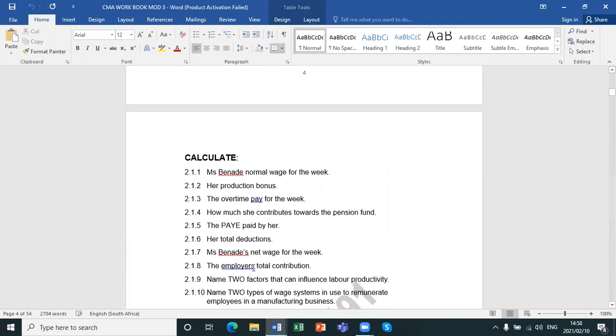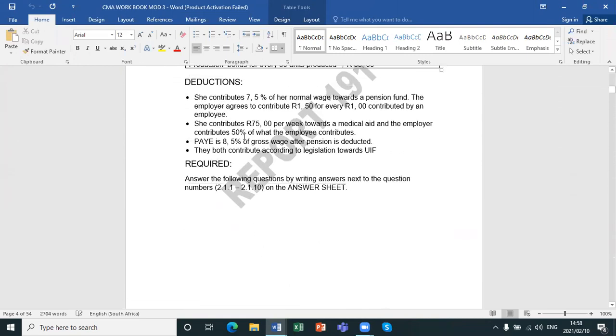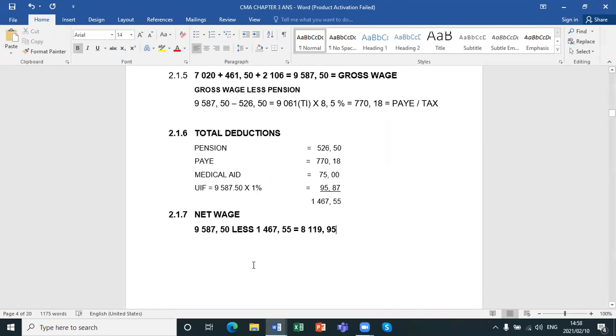2.1.8, the employer's contribution. So what does the employer contribute? The employer contributes towards pension, and towards medical aid, and towards UIF. Now, towards pension, R1.50 for every R1. So what did the employee give?